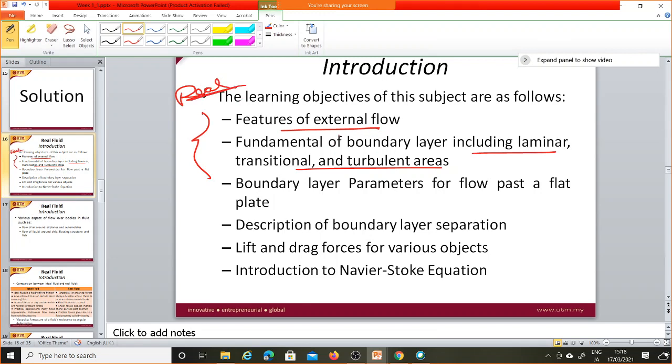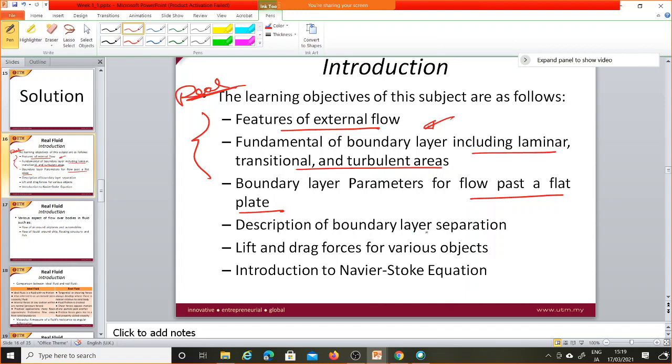So real fluid. In this case, as I said, you will get to know the external flows, and then you will learn about the boundary layer. We will try to find out how the boundary layer will change, including laminar, transition and turbulent areas. We have some boundary layer parameters for flow past a flat plate. Okay, so we will explain a few parameters that you need to know.